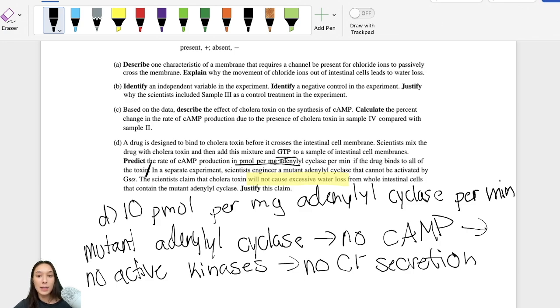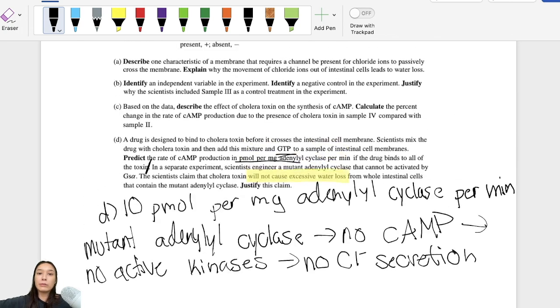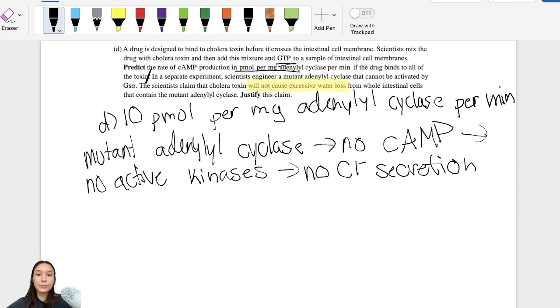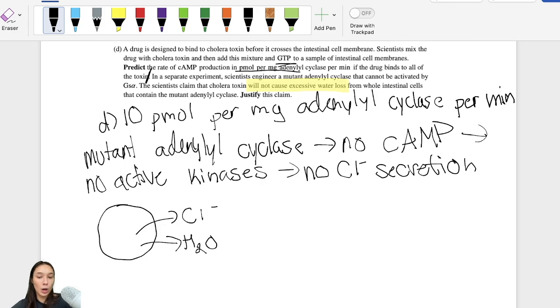The scientists are claiming that cholera toxin will not cause excessive water loss from whole intestinal cells if it contains this mutant adenylyl cyclase. Is this true? So if I have no chlorine secretion, like we looked at previously, I believe in part A, when your cell has chlorine leave, your water is also going to follow. That's how you get water loss.